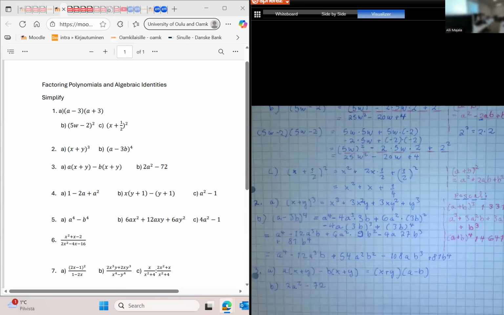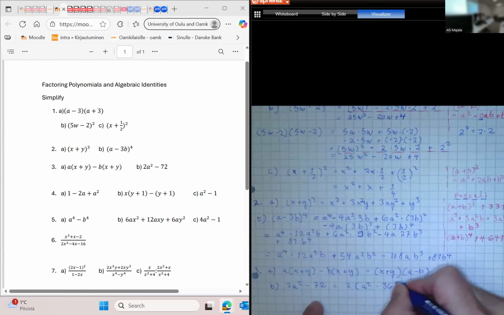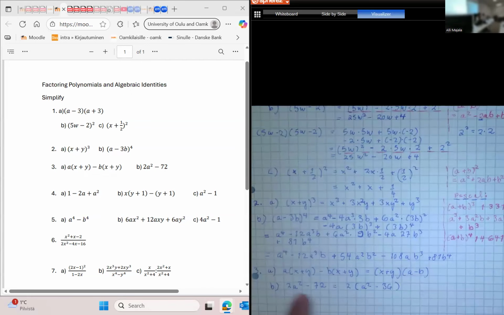So here I would need to realize that if I take a common factor, I would get here 32, 36. And now this looks like something. It's like the first one that we did.